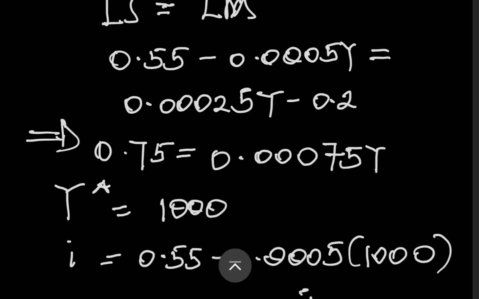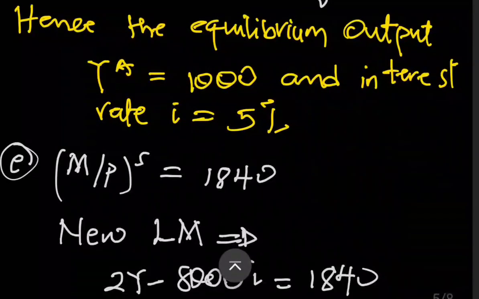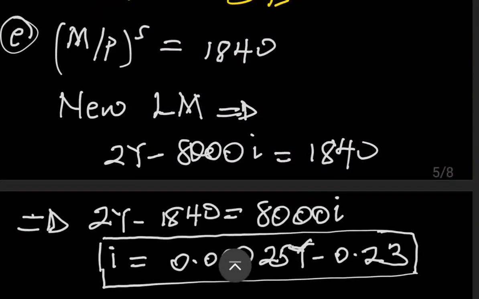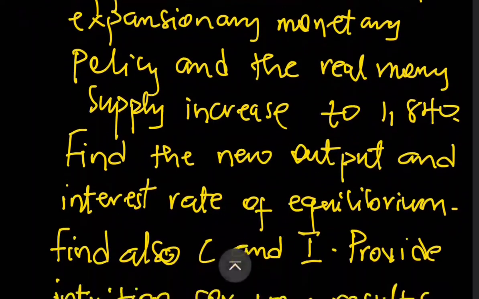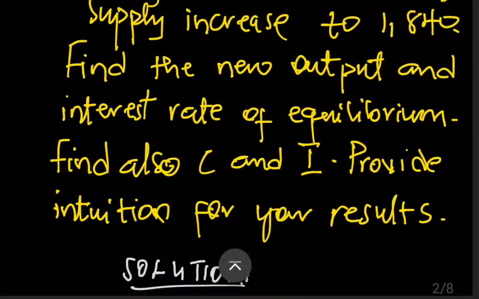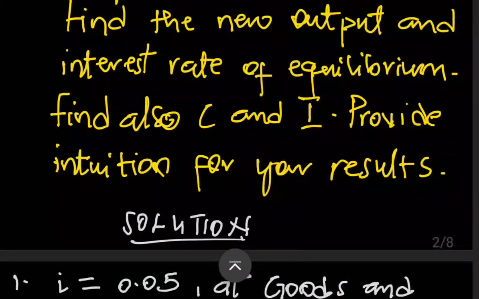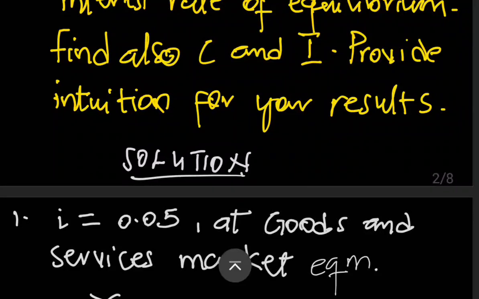And again, E says suppose that there is an expansionary monetary policy and the real money supply increased to 1840. You have to find the new output and also the interest rate of equilibrium, and also find C and I and provide an intuition.